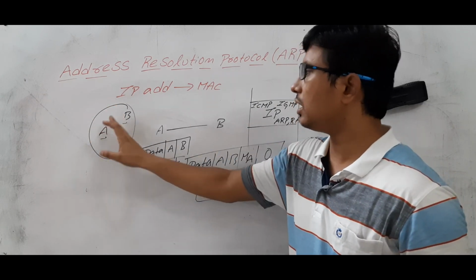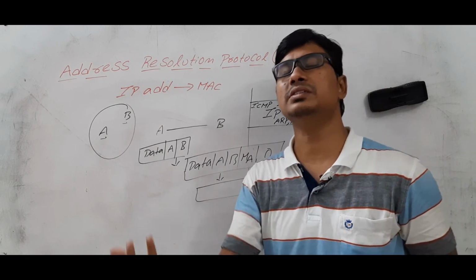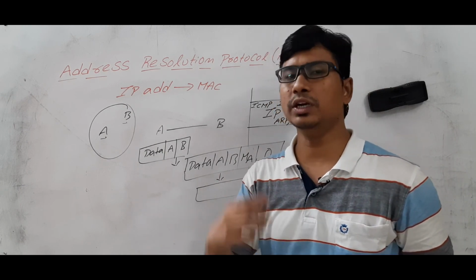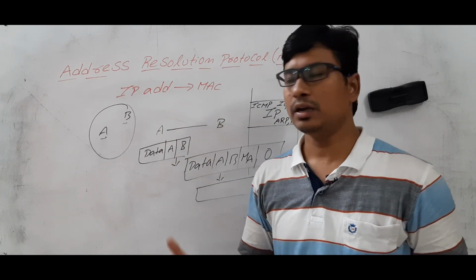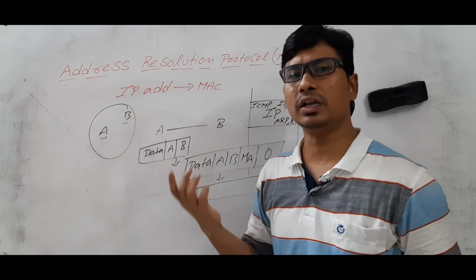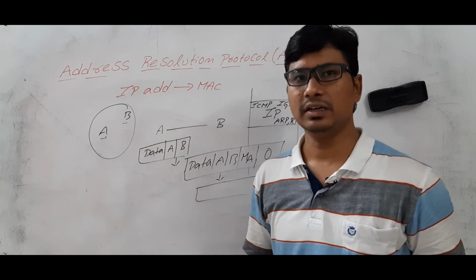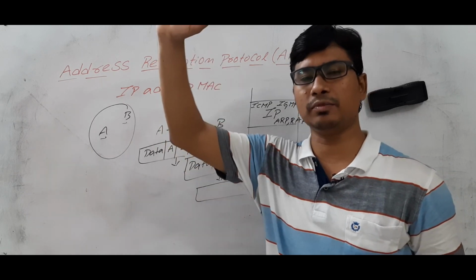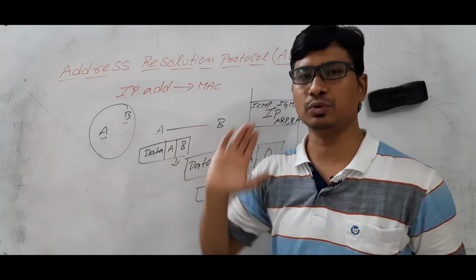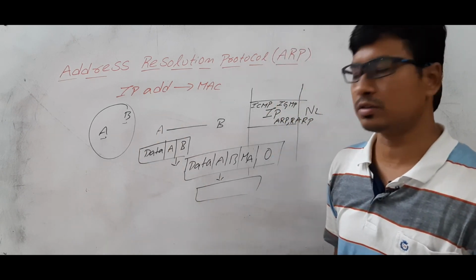I know a student's roll number, let's say CED 60, but I don't know his name. Then what will I do? I will broadcast, who is roll number 60? Then the person will unicast, saying, sir, I am roll number 60 and my name is so and so. Am I right or wrong? So a similar principle ARP also follows.